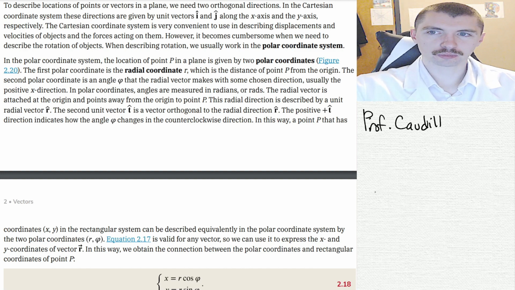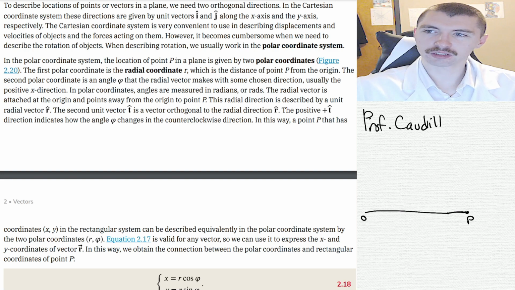So we have our origin, we have our point P, and this is R. R is all of this, R is that length, that's your radial coordinate.